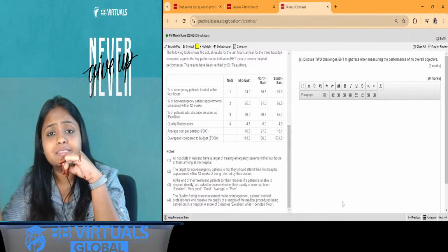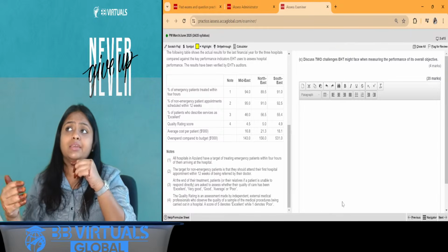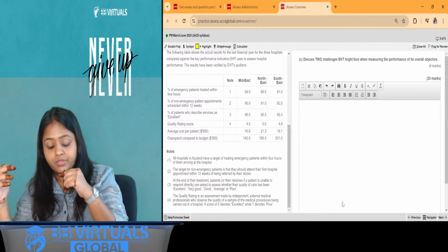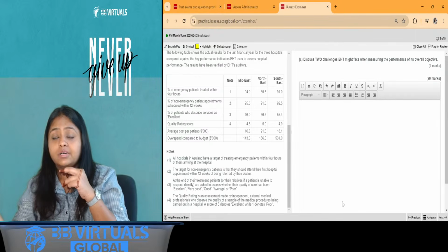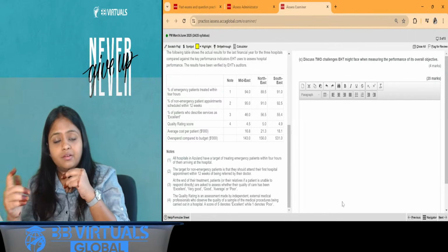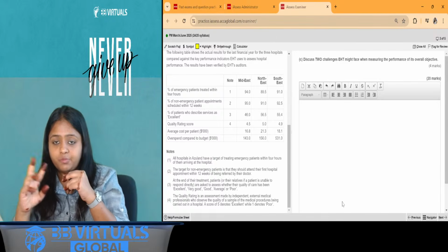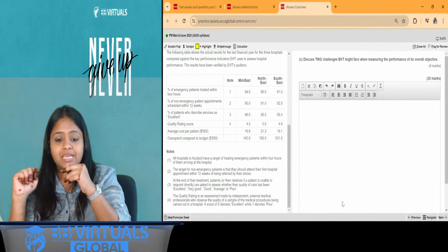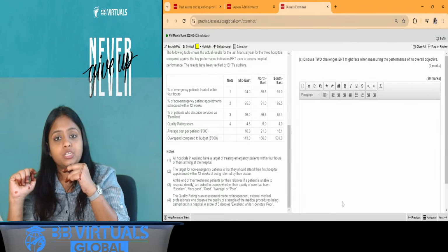So what is the area that is becoming a challenge for the EHC hospital? It is the area that we just discussed, the quality and the cost. Number two can be pointers like the percentage of emergency patients treated within 4 hours, and the percentage of non-emergency patients with appointments scheduled within 12 weeks.